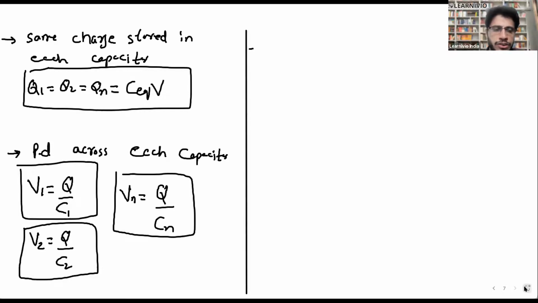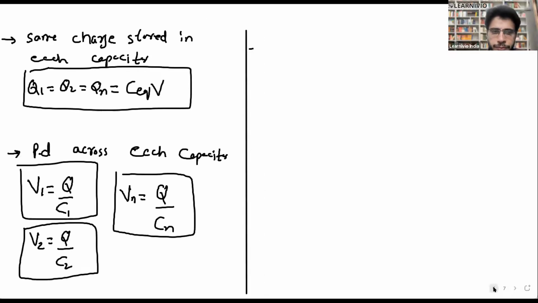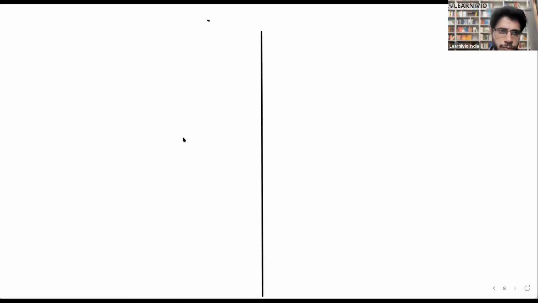After the voltage across each capacitor, the next thing is the energy stored in each capacitor. Sania, do you remember any relation for calculating energy stored in a capacitor? Sania, the expression for energy stored in a capacitor.